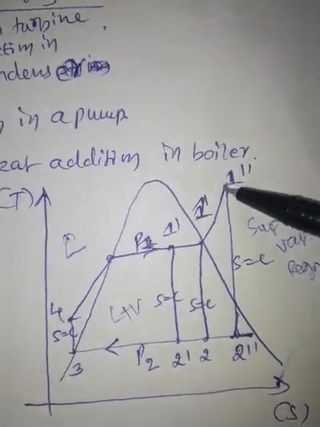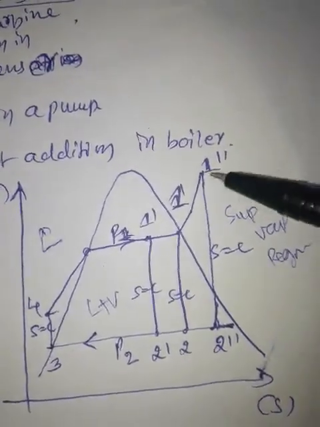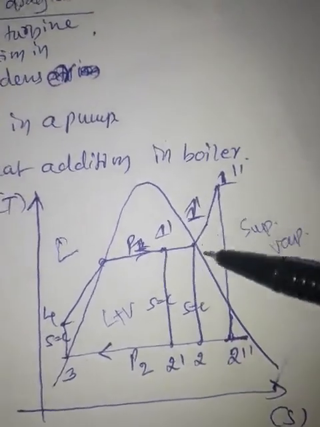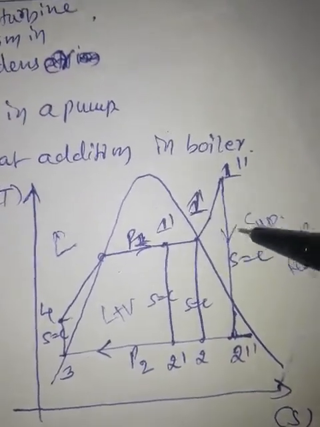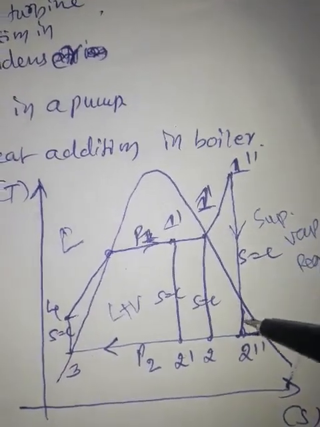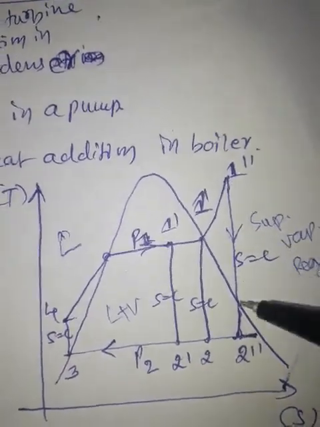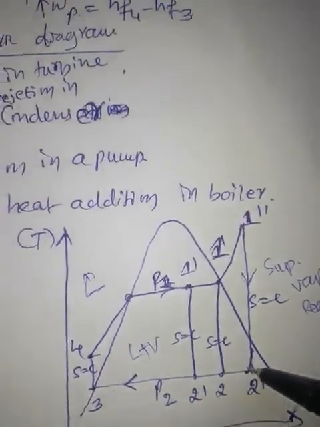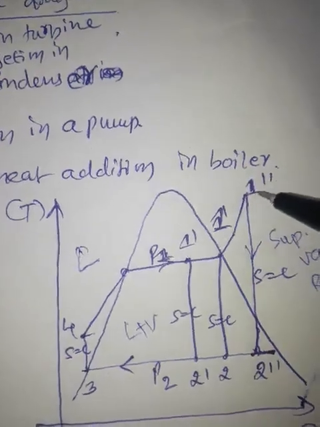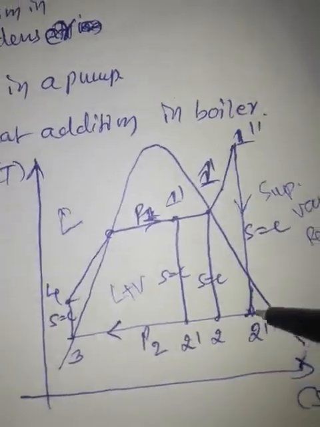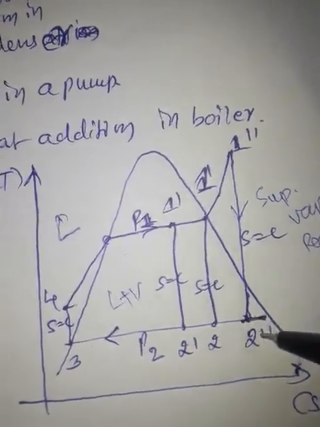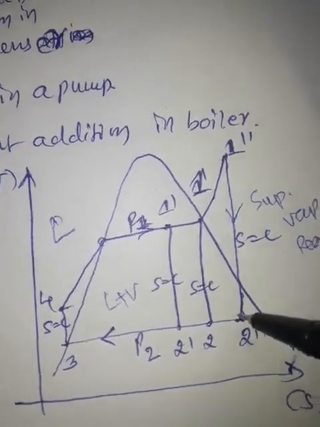So 1 double dash has to be marked in the superheated vapor region. This steam enters the steam turbine and undergoes isentropic expansion, that is, entropy remains constant here, but its phase changes in the steam turbine. So 1 double dash is the superheated state point, and 2 double dash, if it is becoming wet steam at the turbine outlet, I am marking in the wet region.